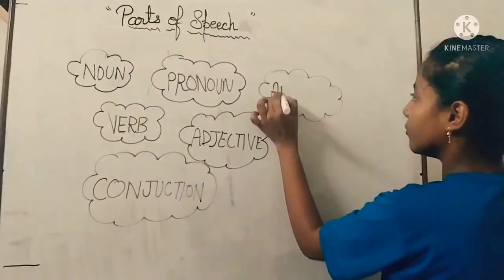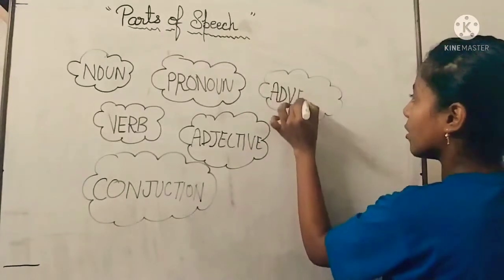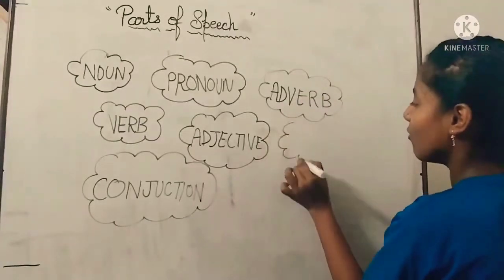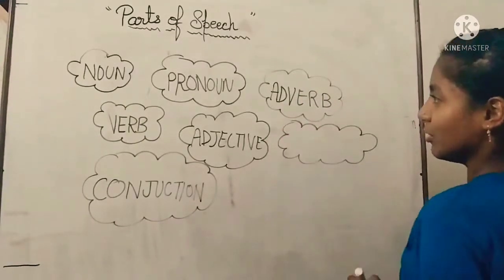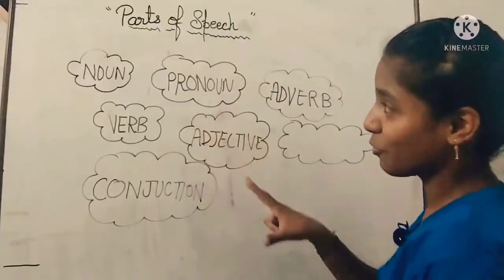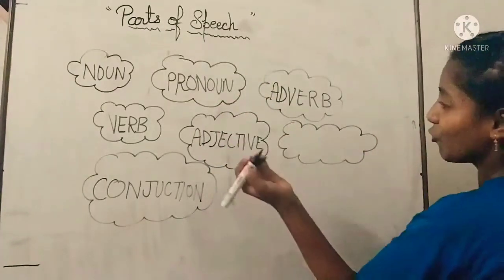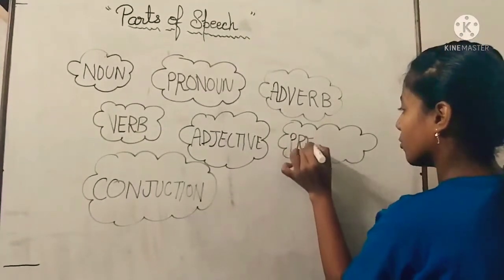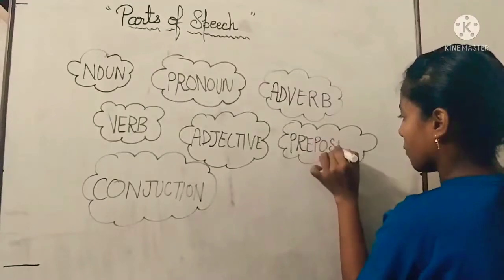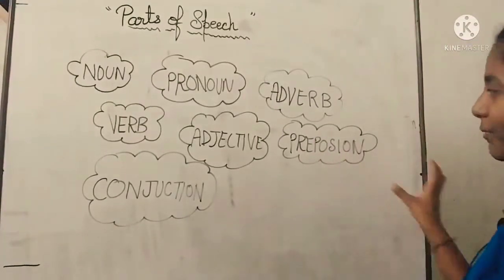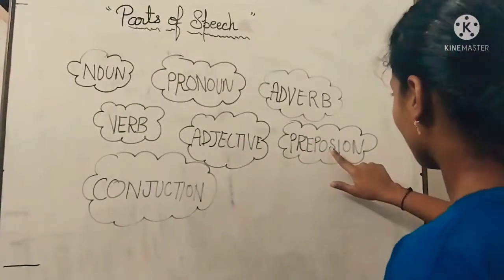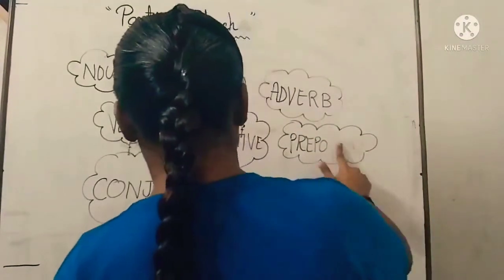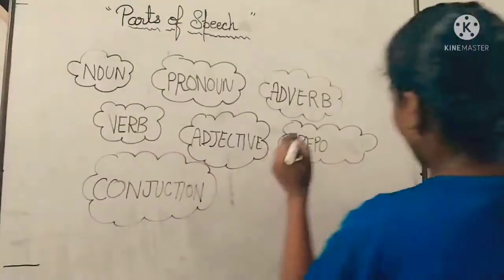Then we have adverbs. Then what more do we have? You can see how many parts of speech there are. Then after adverb we have preposition. Alright, prepositions. Then what more do we have?